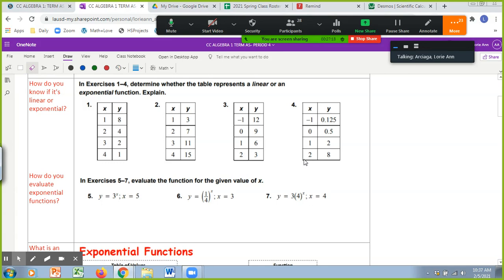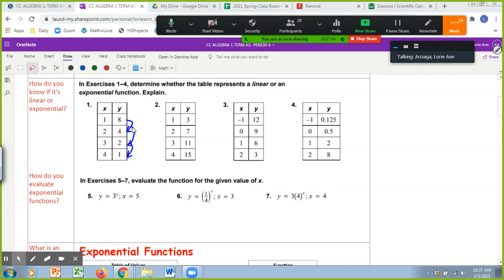So we just have to focus on the y column. Now look at this. By how much are your y values being multiplied or divided? Number 1, by 2. Did you say multiply by 2 or divide by 2?